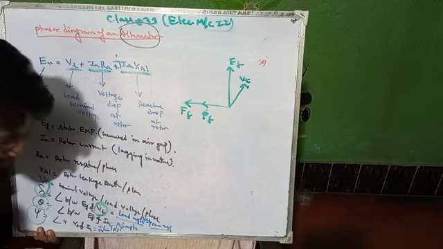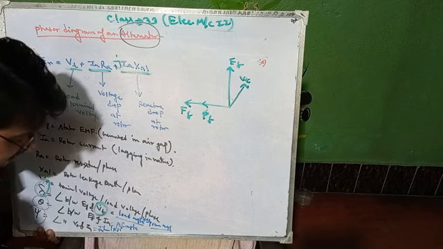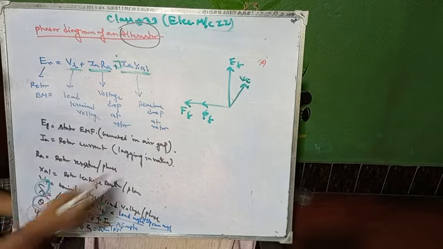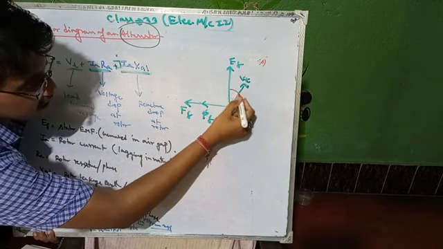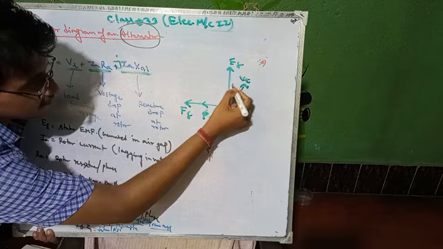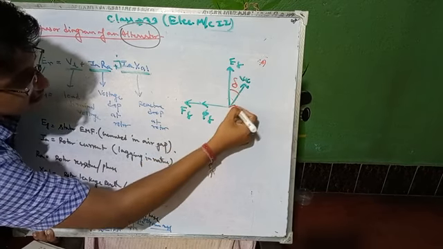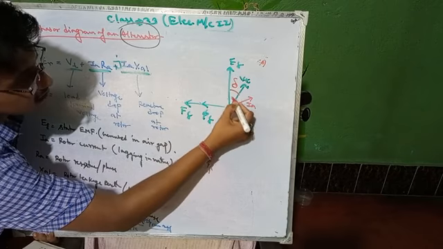Now you have to put Ia in this phasor diagram. Ia is lagging by some angle theta. So this angle is delta, and this is Ia, lagging by the angle theta.